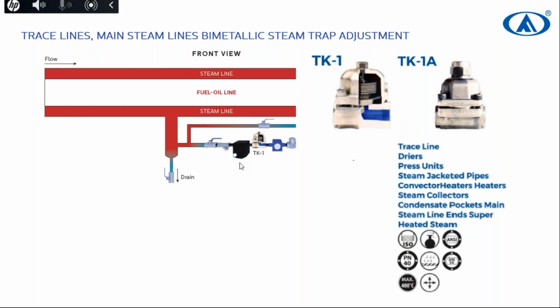It means steam tries to reach your request, and it will cause vibration in your system. Not high back pressure, but it will cause more water hammers, more vibration, and more noise in your system. But if it's less than your request, it's also dangerous. It will cause efficiency loss and heat loss.